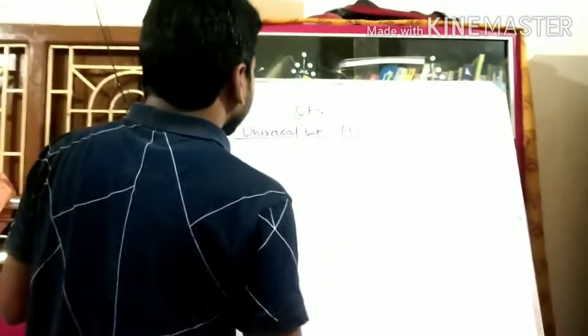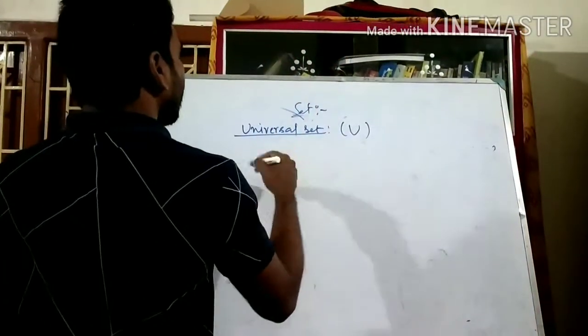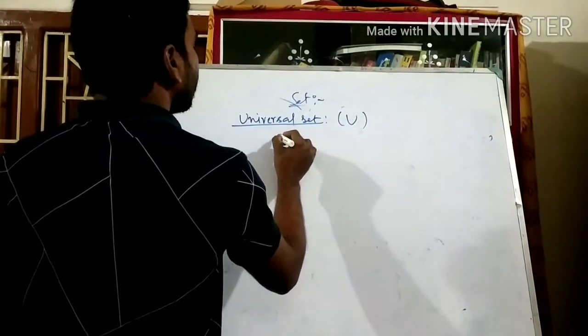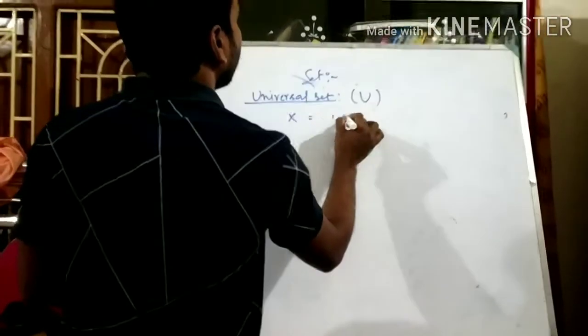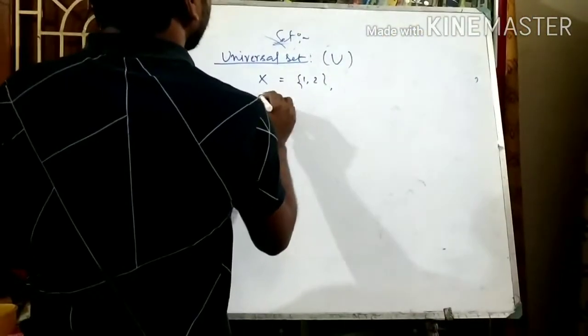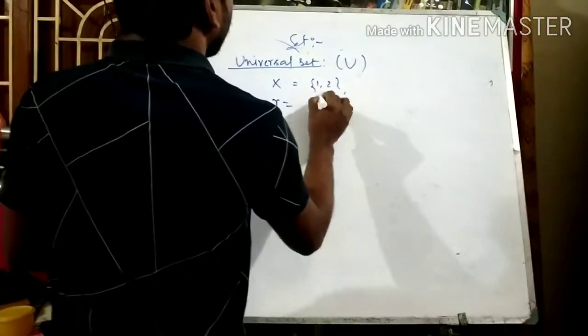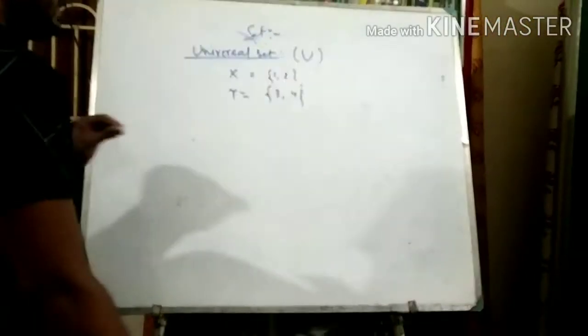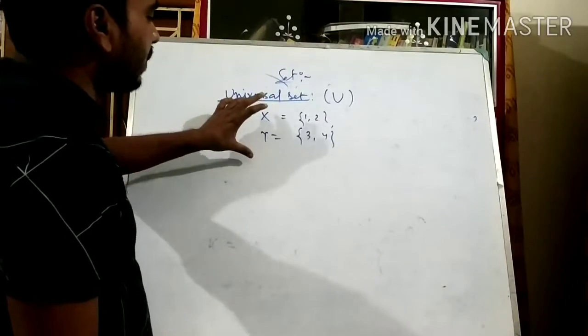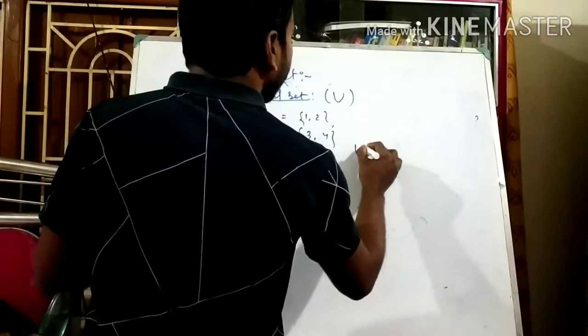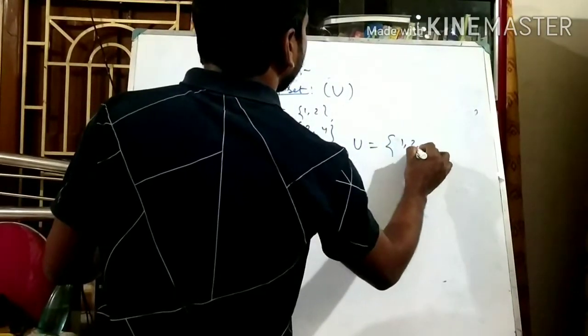Suppose we take a problem, say X is equal to {1, 2} and Y is equal to {3, 4}. Then for that particular problem, we can take U equal to {1, 2, 3, 4}.